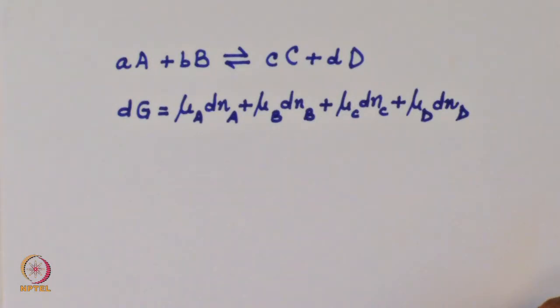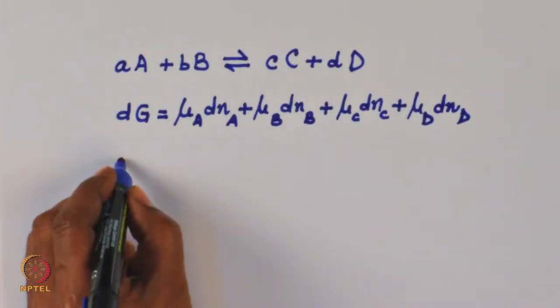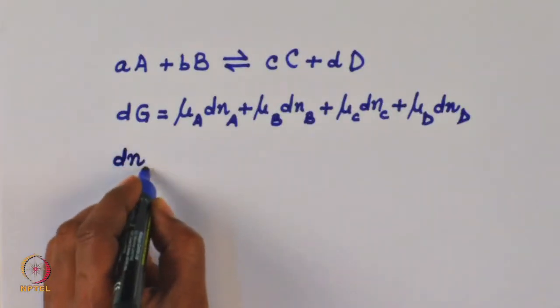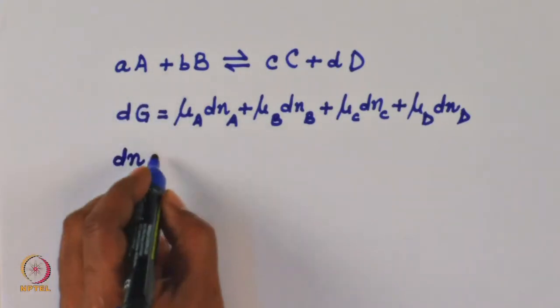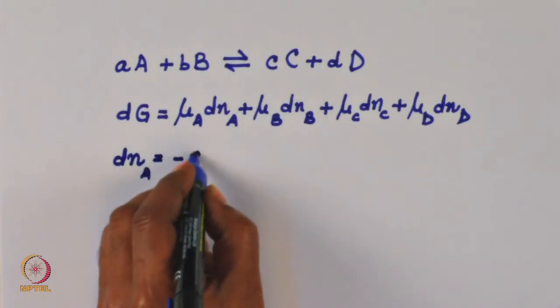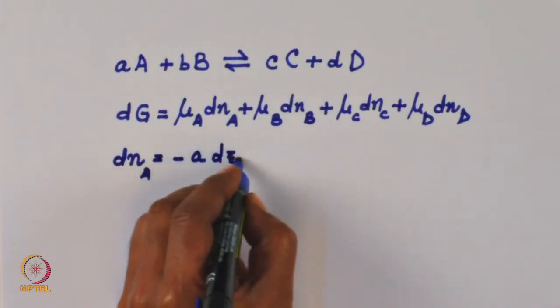Now, since the reaction is advancing by a small amount, and we have earlier introduced this advancement in terms of the extent of reaction, represented by the symbol xi, we can immediately write dn A, the change in the number of moles of A. A is being consumed, so this will be minus nu A times d xi.